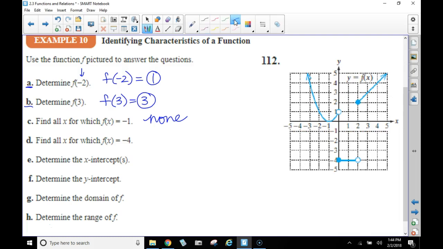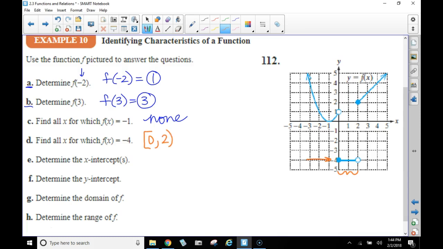On part D, however, let me clean up my graph a little bit. On part D, it says find all x for which f of x equals -4. That's going to happen for these values of x that go from 0 to 2. Because of the closed circle at 0, -4, we include 0, but up to 2.